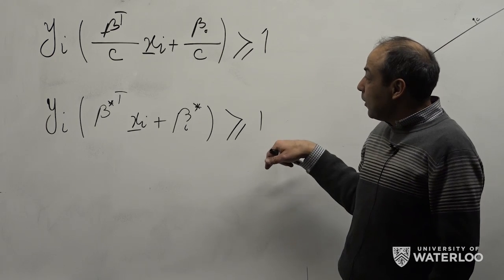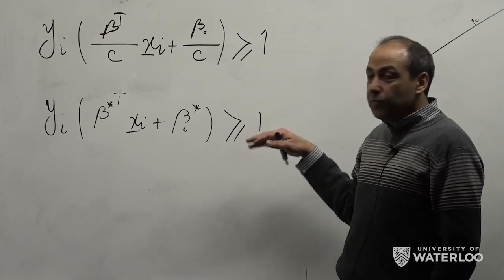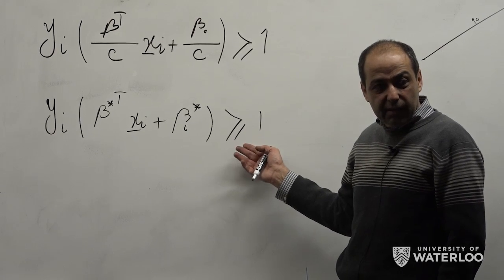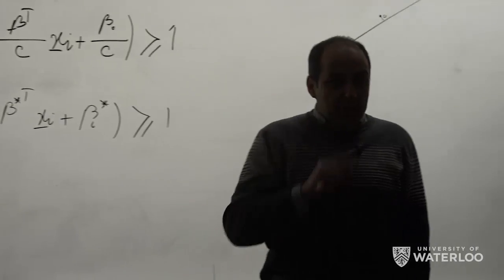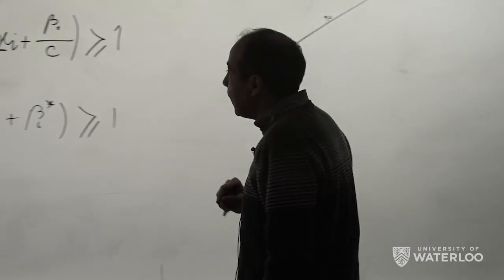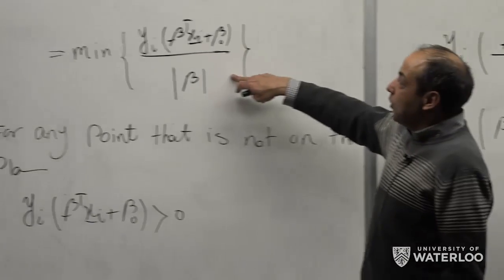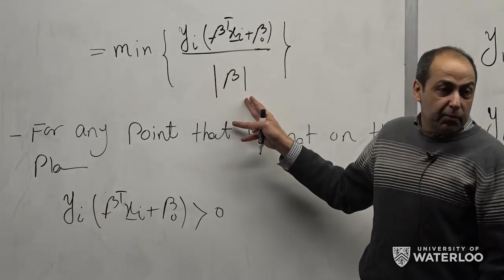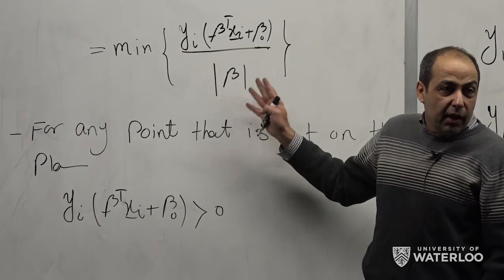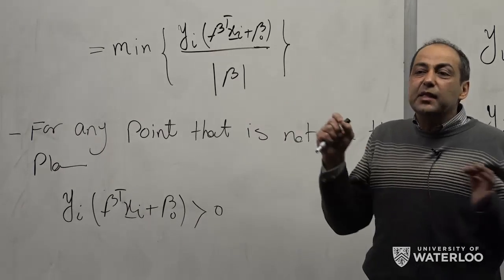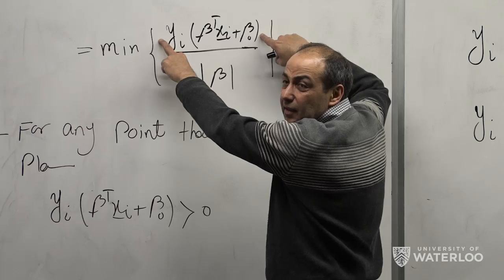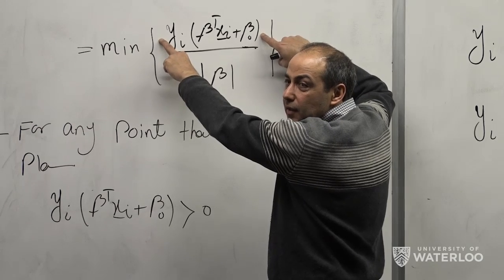So if the distance of all points from the hyperplane is at least 1, the closest point is 1, right? Look at this definition of margin. Margin is the minimum of this quantity divided by the norm of beta. Now I'm claiming that I can rescale beta in a way that this is at least 1.